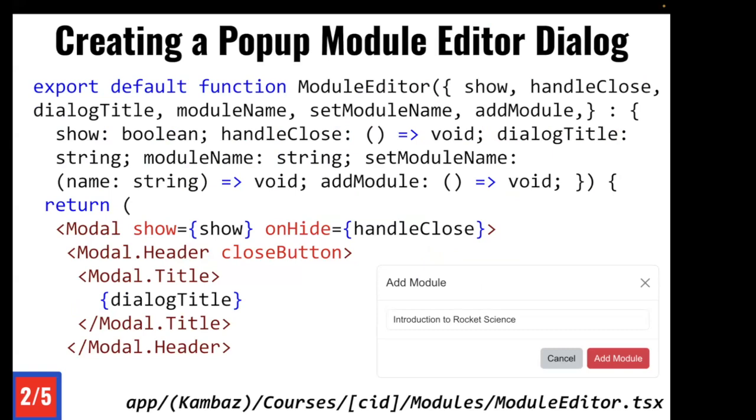I mean, we could have followed the same strategy that we did for courses. We had an input field, a text area, but here we're going to do something a little more interesting. We're going to create a dialog. So let's create a dialog that is going to allow us to edit the title of the module.